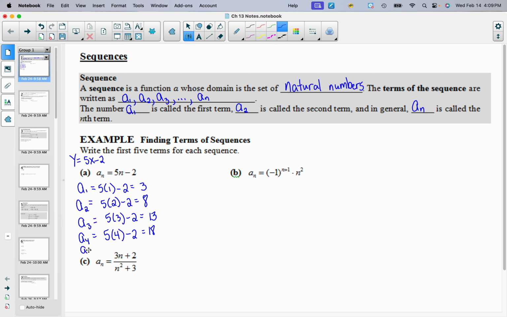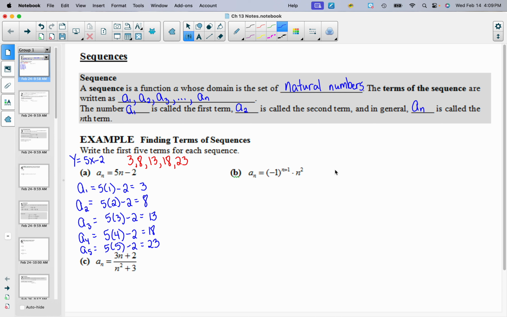And finally, a sub 5, and we get 23. So then the sequence of numbers, a lot of times you'll see sequences written out like this: 3, 8, 13, 18, 23. Because sometimes we'll go the other way. I might give you a sequence of numbers and ask you to find the rule. Right now, we're being given the rule and finding the sequence.